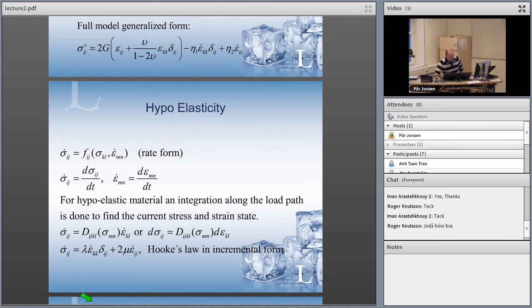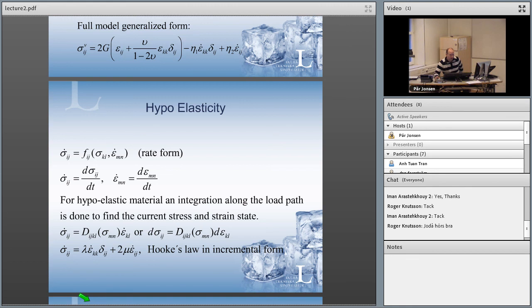So this is the Hooke's law written in incremental form, because you're working with rates instead of stresses and strains that you have in other models. So then you find the stress rate. You have a relation there with this lambda times the strain rate for the volumetric part.